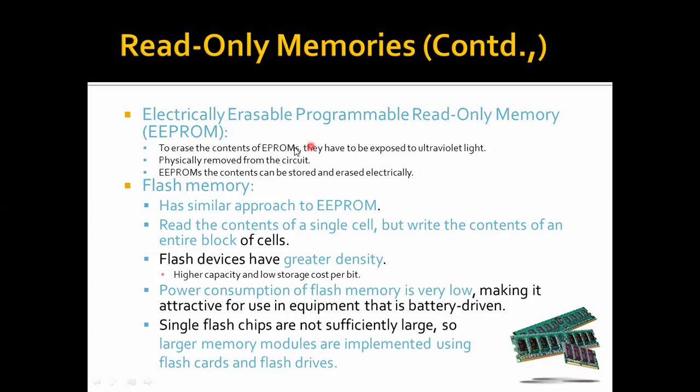To erase the contents of EPROMs, they have to be exposed to ultraviolet light and physically removed from the circuit. Here, the contents can be stored and erased electrically. These EEPROMs are also erasable like EPROMs. Both are used for erasing the program and doing the modifications.